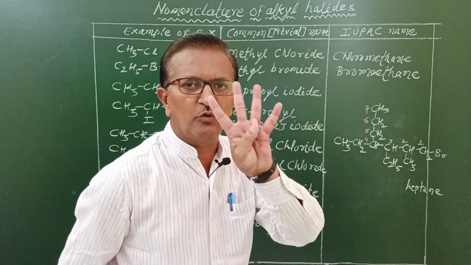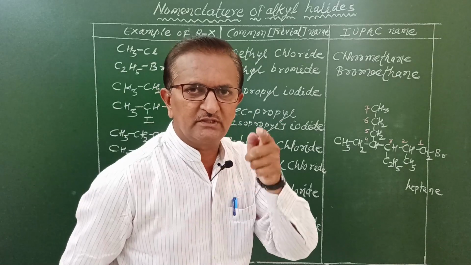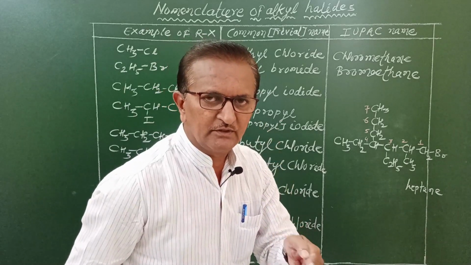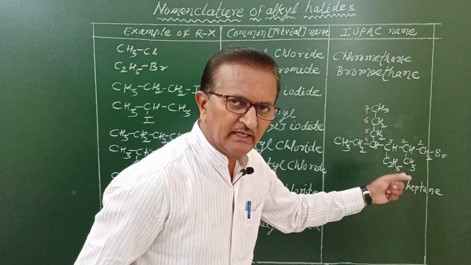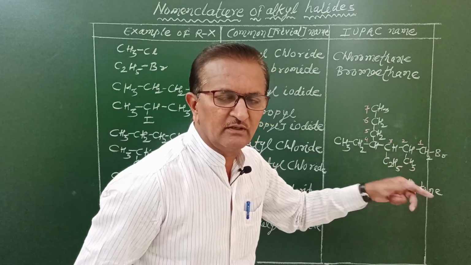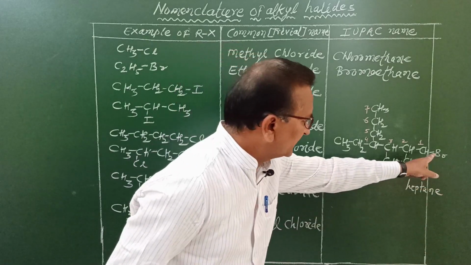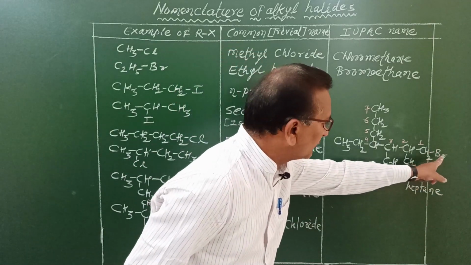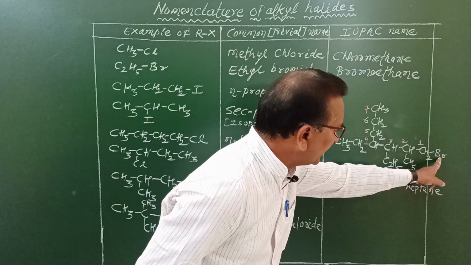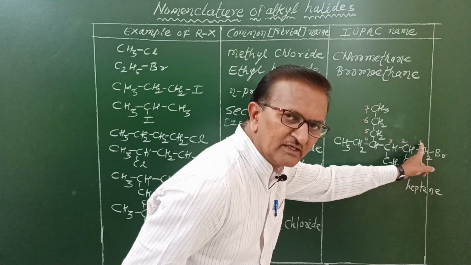This is rule number 4. The name of the halogen atom is introduced as halo. Here there is a bromine atom, bromo, and what about its position? This bromine atom is bonded to carbon number 1.